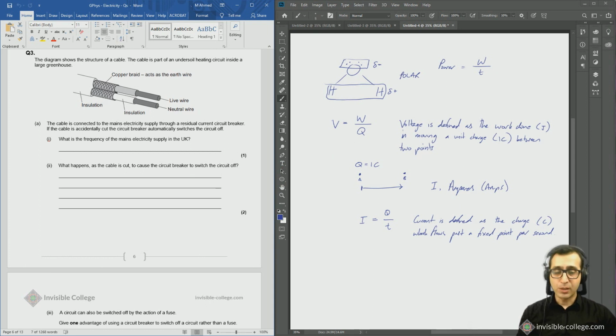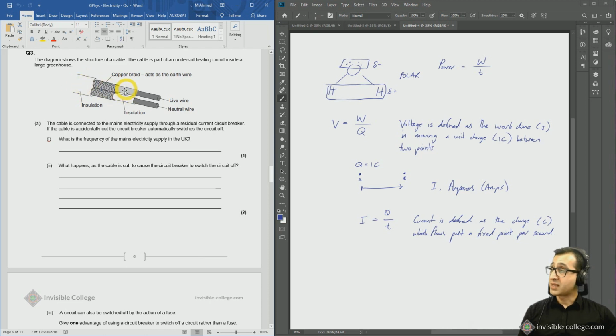So first little point for you, when you're reading an exam question, please spend a bit of time looking at the context, the stem of the question, before you look at the bit of the question which actually asks you for things. So you're looking at a very simple context here. You've got an insulating sheath of material.